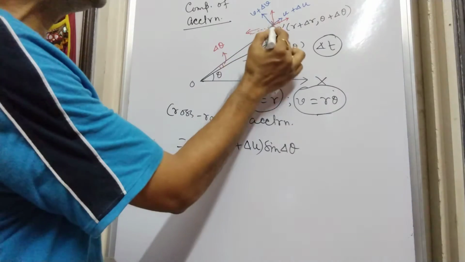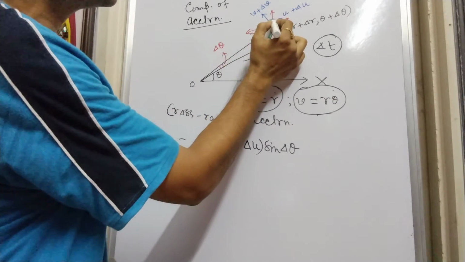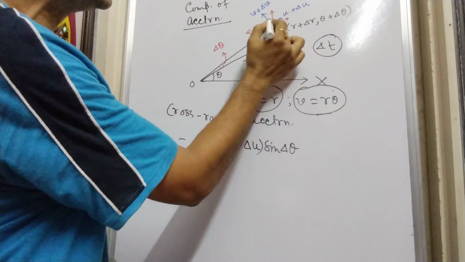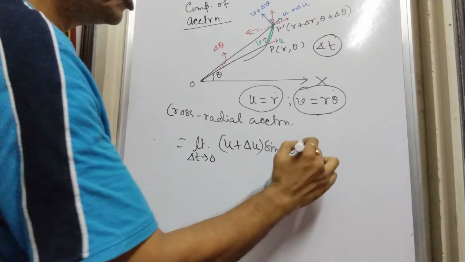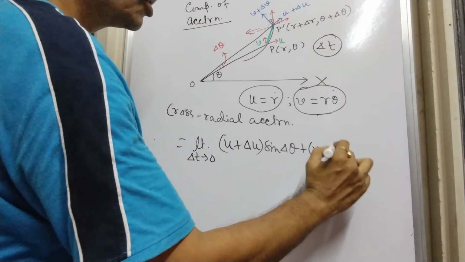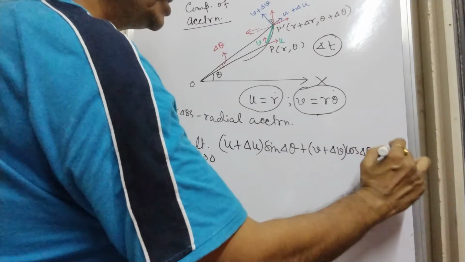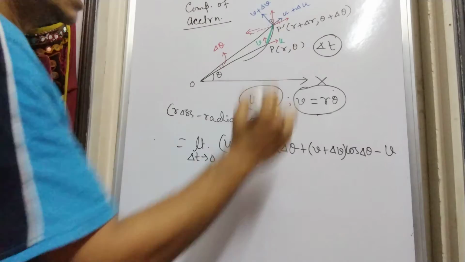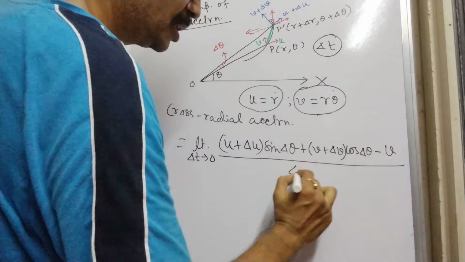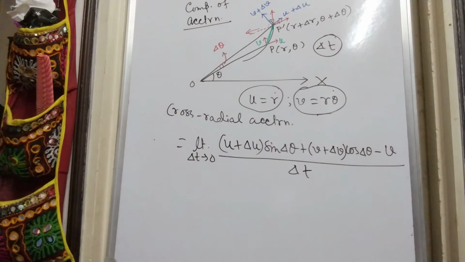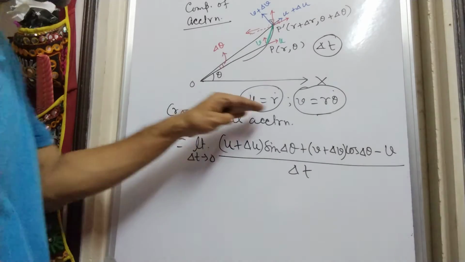And what is the component of v plus delta v along this? Since this is also delta theta, the component will be v plus delta v cos delta theta, quite obvious. And then we subtract the original velocity v, which was along the cross radial direction.